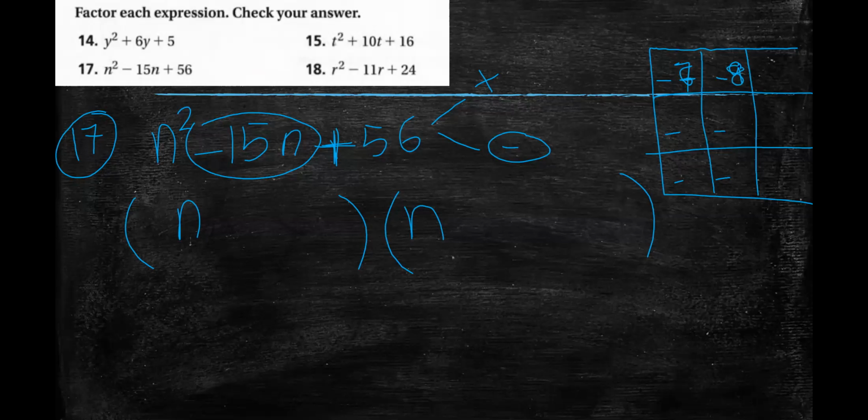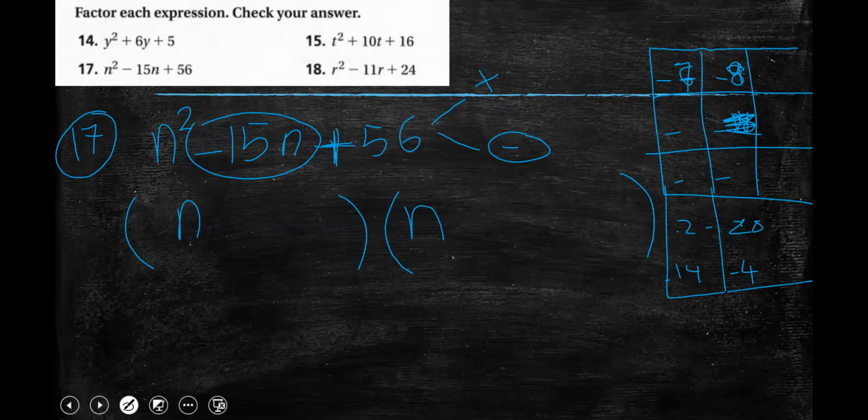What else? Negative 1, negative 56. Who can give me more? 56 is an even number, so 56 divided by 2 is 28. Negative 2 times negative 28, or negative 14 multiplied by negative 4.